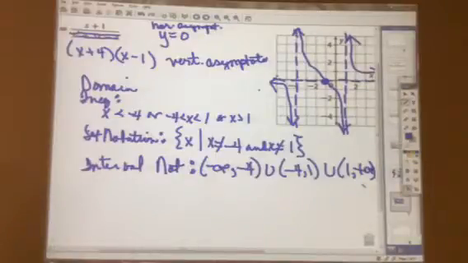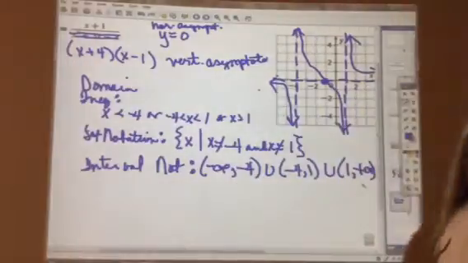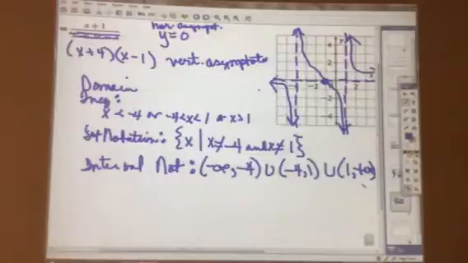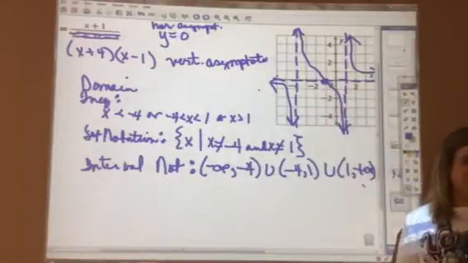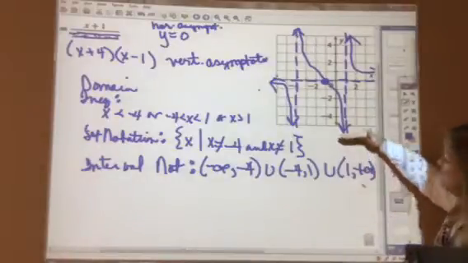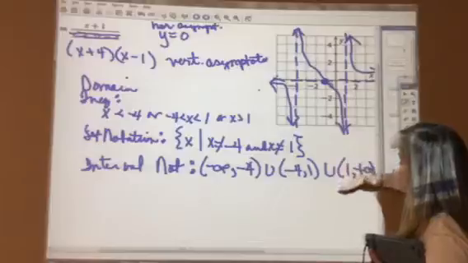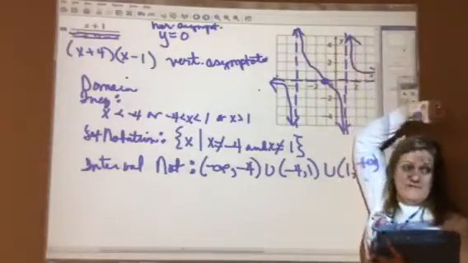What about the range? Y is less than 0? Or, it's actually all real numbers. All real numbers, very good. The range covers all the way down to negative infinity and all the way up to positive infinity.